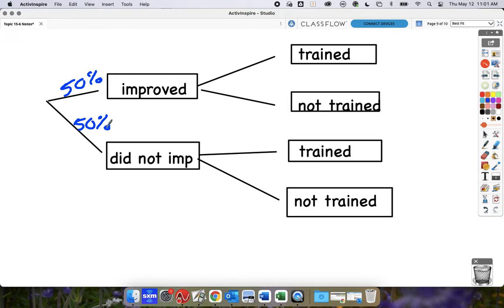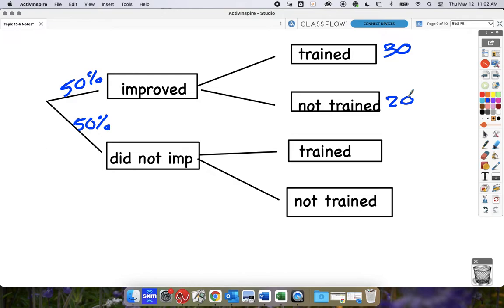It's 30%. Does that go here or does that go here? It goes over here, because this is improved and trained was 30%. So if 30% improved and trained, how many improved and did not train? 20%. That has to add up to our 50% total.